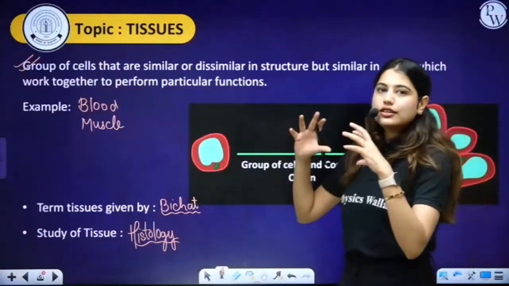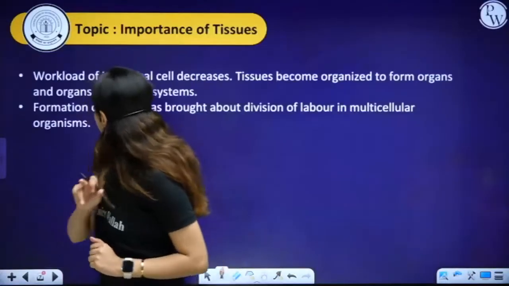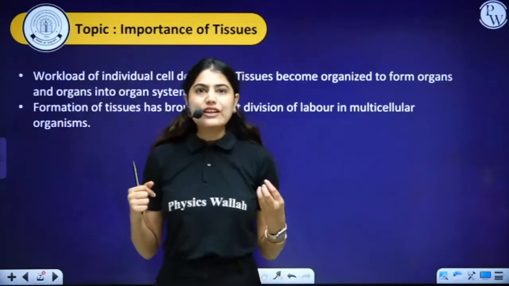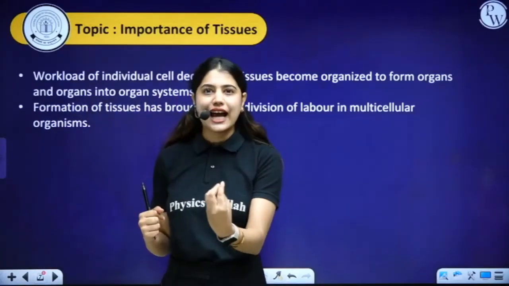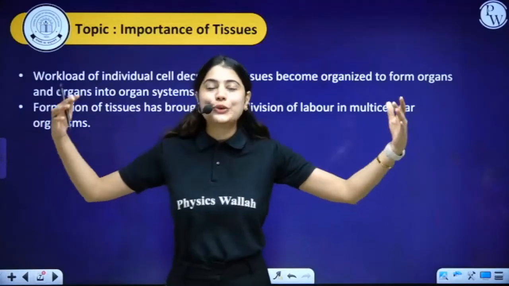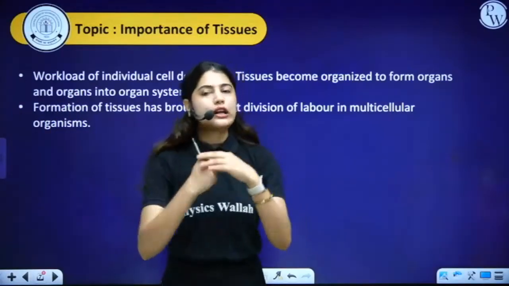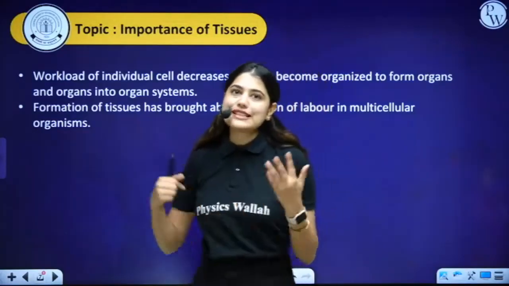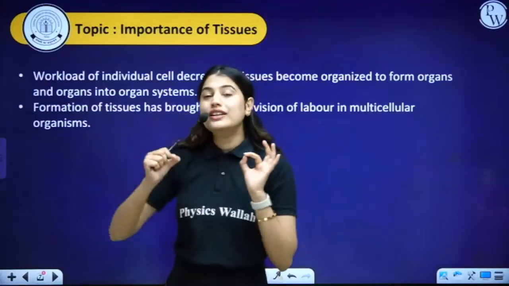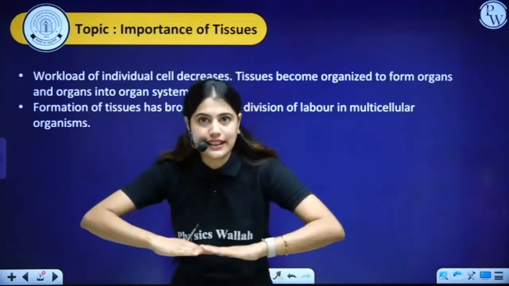Right? Next topic. Okay, why do we need tissues? So obviously, if I give any assignment to a single student, and if I gave the same assignment to, let's say, a group of 5 students, who is gonna do it faster? Obviously the group of 5 students. So basically I can say the load on an individual cell decreases, right?